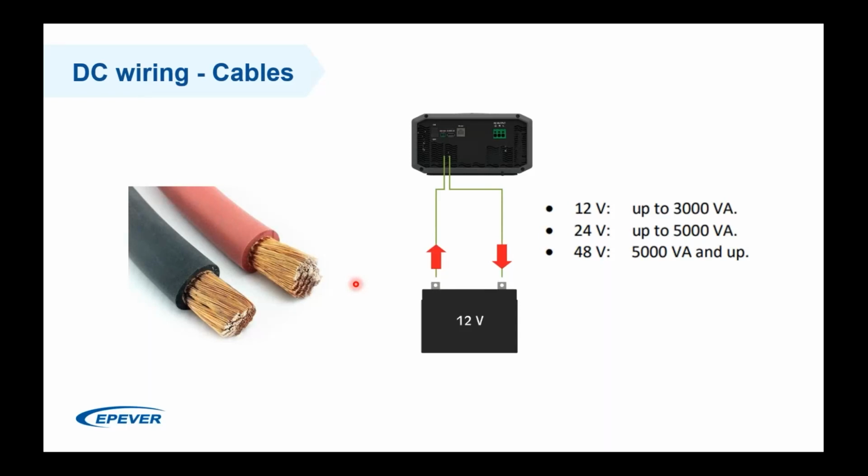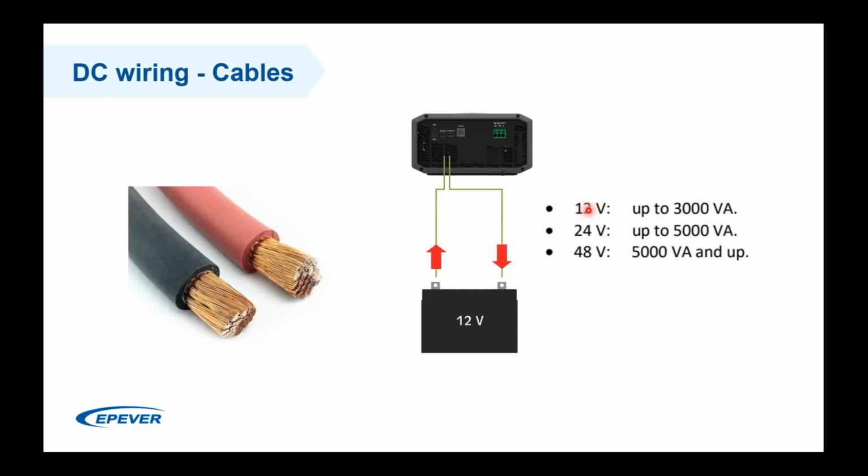Imagine you increase the DC system voltage. As a result, the DC current will drop and the cables can be thinner. There is a rule for that. If you are running loads of up to 3 kilovolt amperes in your system, 12 volt will suffice.